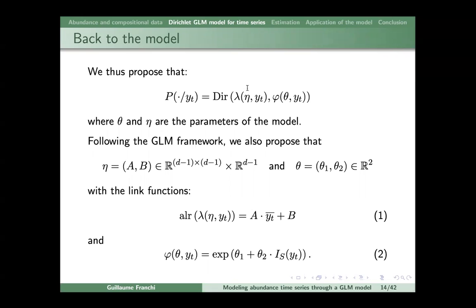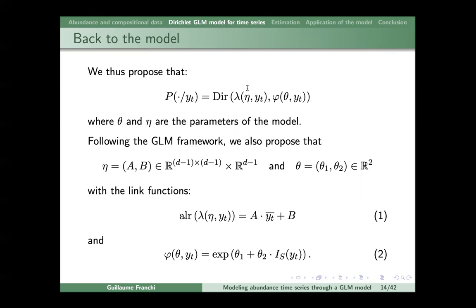A little explanation: I suppose that the additive log ratio of the mean lambda is a linear function of yt bar. Remember that in yt bar, I just removed the last component.